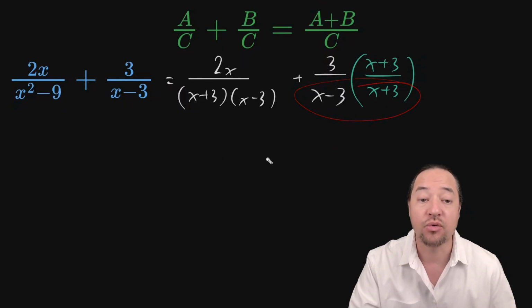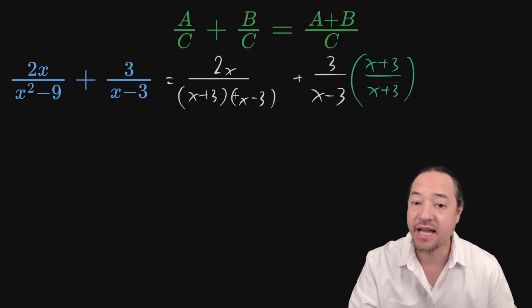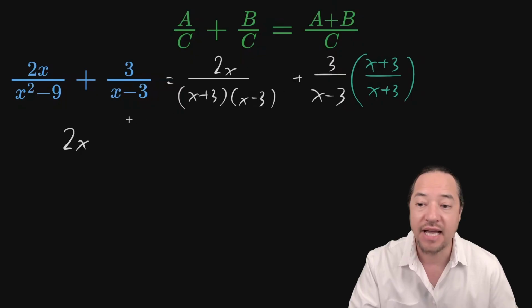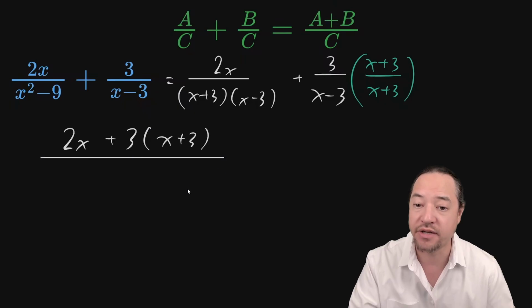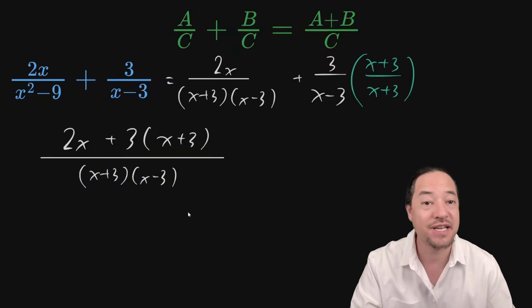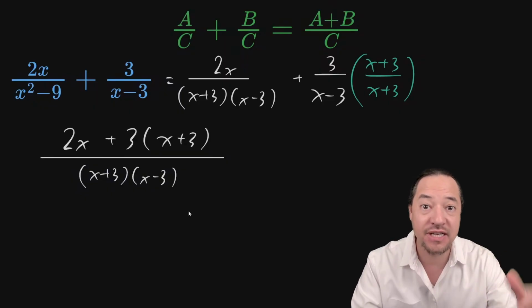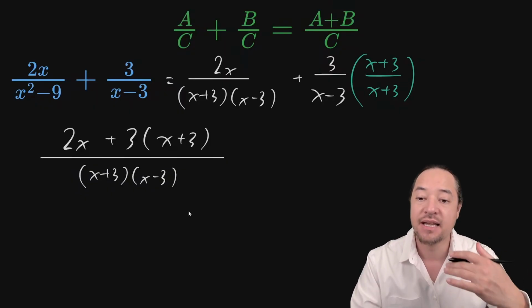So let me write down what we have now. On this side, we have 2x. And then we're going to add 3 times x plus 3. That's in the numerator. And in the denominator, we're just going to have x plus 3 times x minus 3, right? That's the common denominator that we found here.